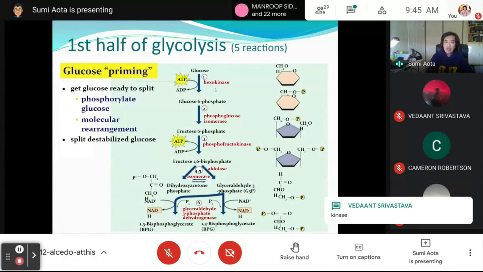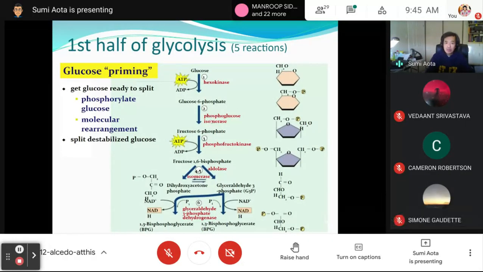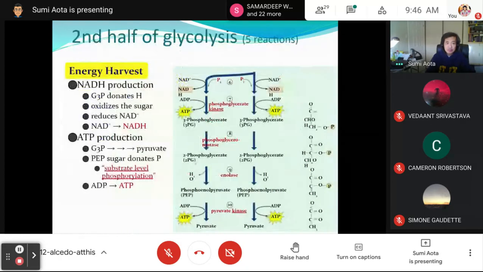Look here, enzyme 1 and enzyme 2, hexokinase, and enzyme 3, phosphofructokinase. These two enzymes are the ones that are involved in the transfer of ATP. They're going to cause the glucose to be molecularly rearranged and therefore destabilize the glucose molecule. Okay, it can then be split here at steps 4 and 5.